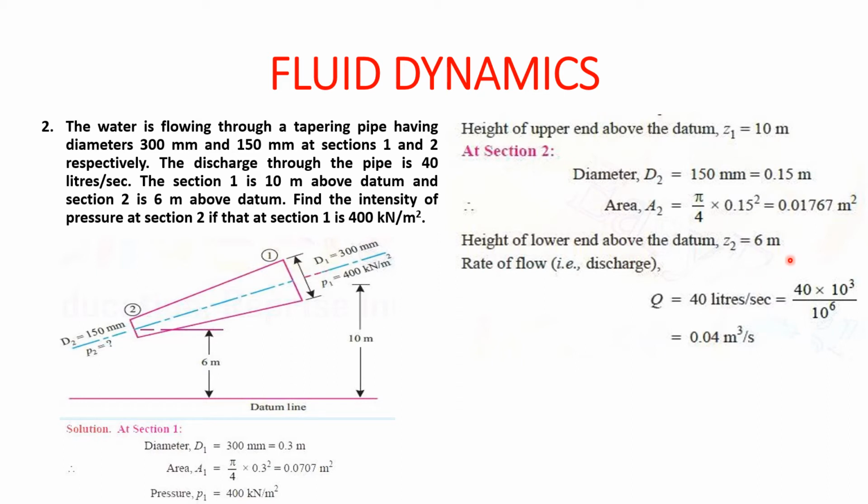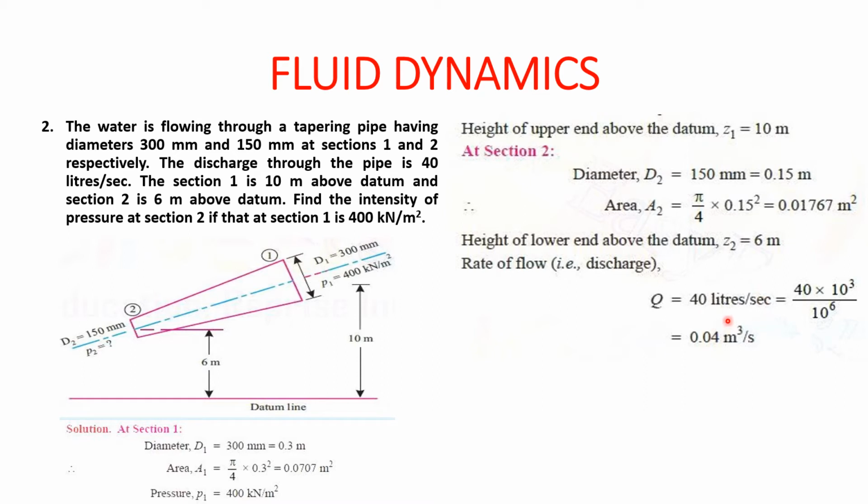Now the rate of flow. For this, 40 liters per second is the value given to us. So it is easy to find the velocities at sections 1 and 2, because we know the areas, and by the continuity equation Q is equal to A1 V1 is equal to A2 V2. First, Q is 40 liters per second.